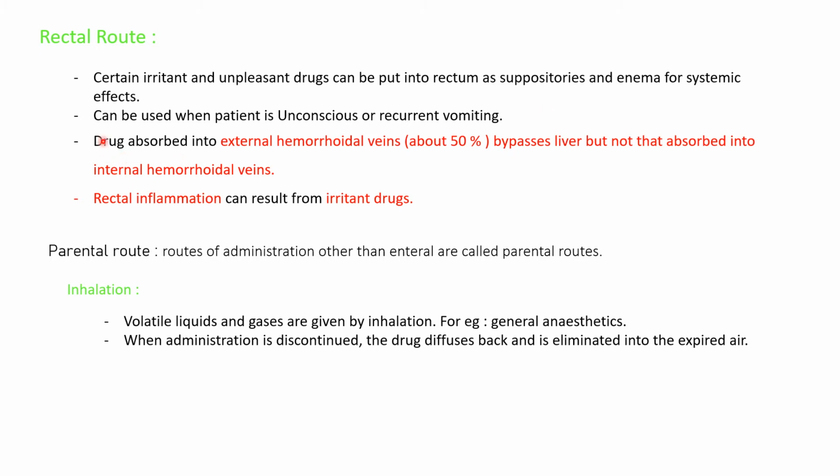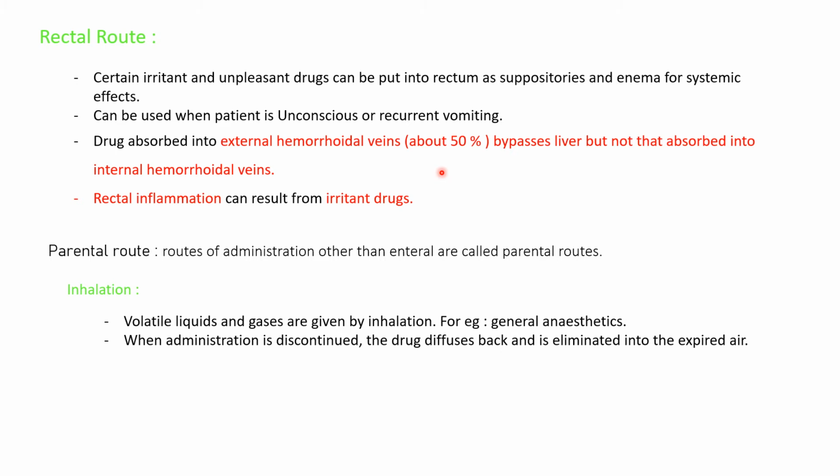Drugs put into the rectal route can be absorbed into external hemorrhoidal veins, which bypass the liver, but not that absorbed into internal hemorrhoidal veins. The external hemorrhoidal veins are those veins below the rectal line.